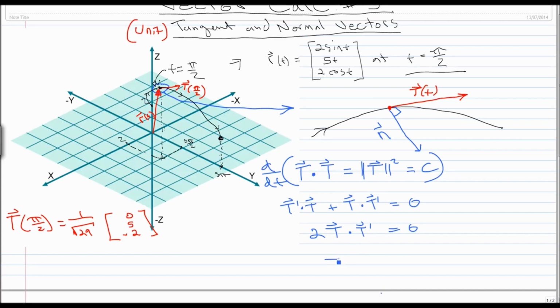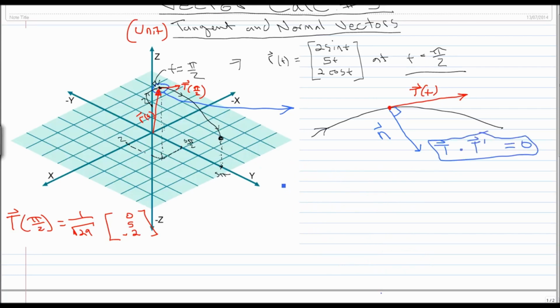Divide through by 2, and you can see that the tangent vector dotted with the derivative of the tangent vector equals 0. This is an important result because it shows us that the derivative of the tangent vector is orthogonal to the tangent vector, and that's what we want for our unit normal vector.